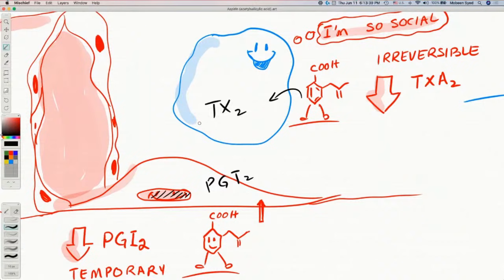So what have we done in the body? We have reduced clotting by two mechanisms. One, by disabling the platelets, and secondly, we temporarily disabled the endothelial cells, but they became enabled again for their production of the PGI2s, and they have started releasing the PGI2, which further inhibits the platelets.